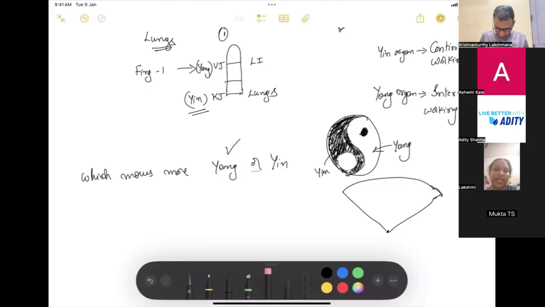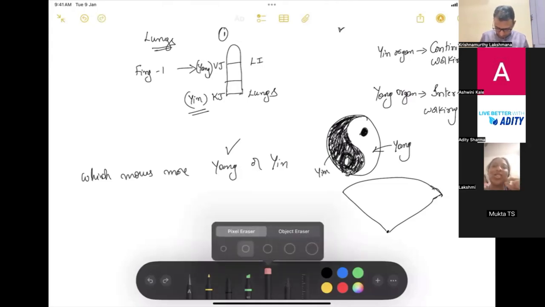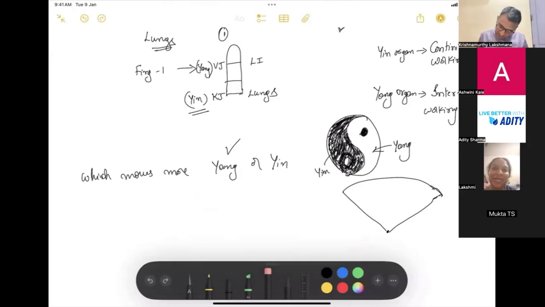Yang does not mean completely yang? There is always a yin inside yang and a yang inside yin. There is no such thing as absolute yang, and no such thing as only yin, because the seed of yang is yin and the seed of yin is yang.